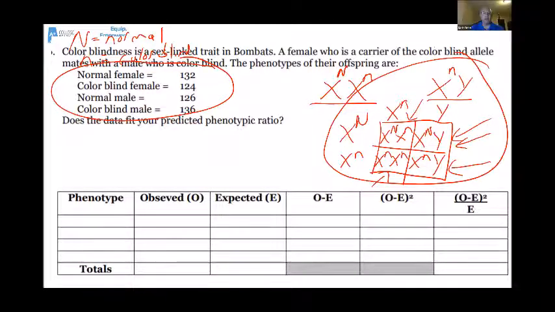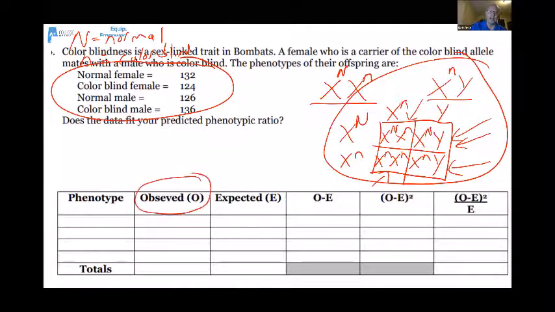So when you're writing a null hypothesis, you're going to say that there's no difference between what? What are we comparing here? The expected and observed amount of offspring. Okay, yeah. But what I want you to say is that my null hypothesis is that there's no statistically significant difference between my observed data and my expected data.